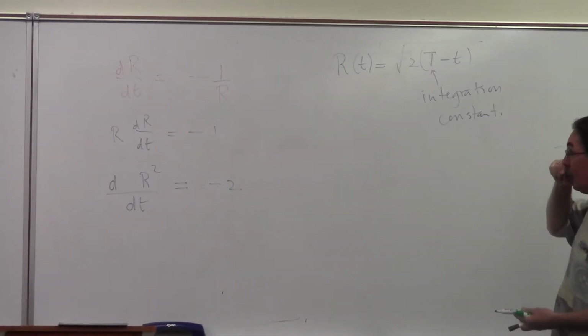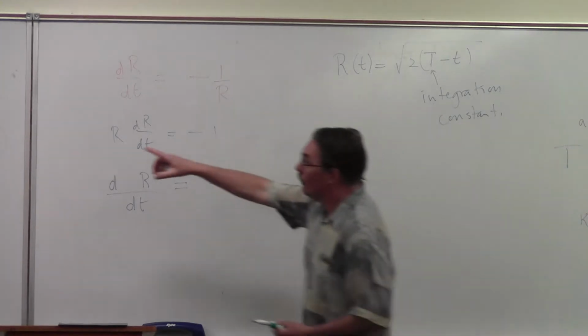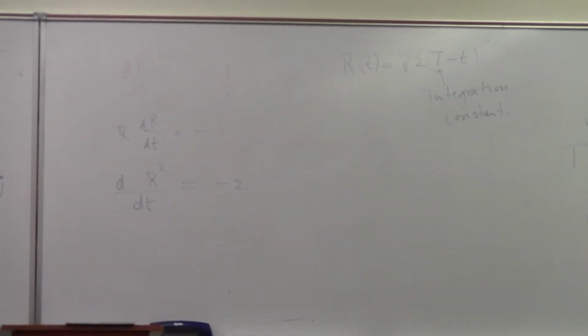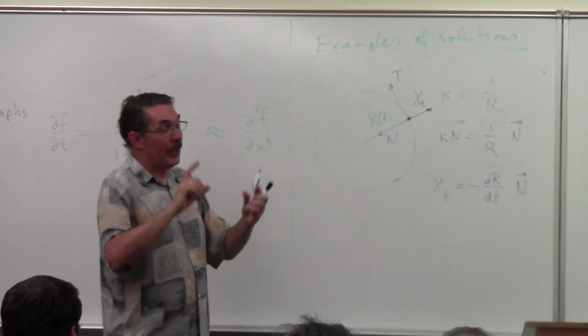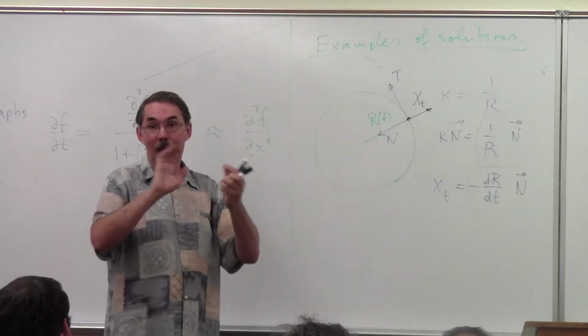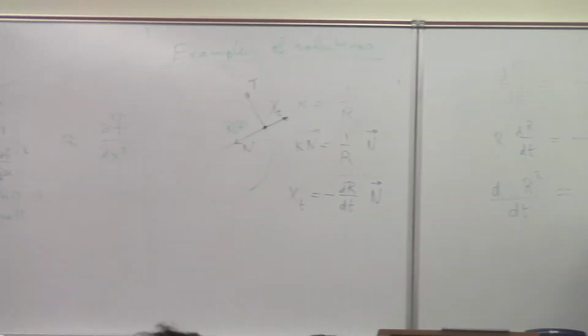Okay, so that's the integration constant. That's the time at which... So what does a circle do? It just shrinks and shrinks to a point, and at some point it just reaches its center, and after that there is no solution. So this capital T is the time at which the solution disappears.